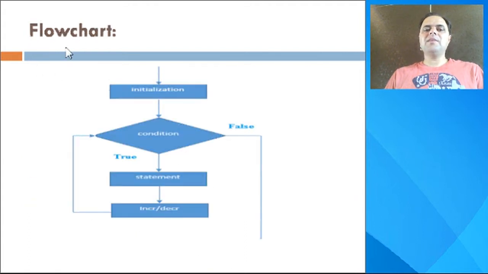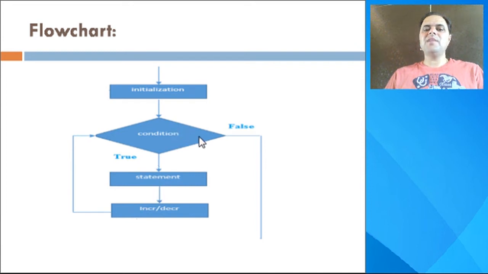So what is the flowchart of a loop? Initialization: first we have to initialize the index value, then the condition. We have to check whether the condition is true or false. If the condition is false, then the loop will not be executed, and control will go outside the loop. If the condition is true, then the statements of the loop are executed, and then increment or decrement. Again it will check the condition of the loop, and if the condition is true, then only these will be executed.